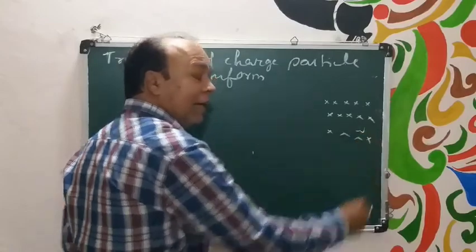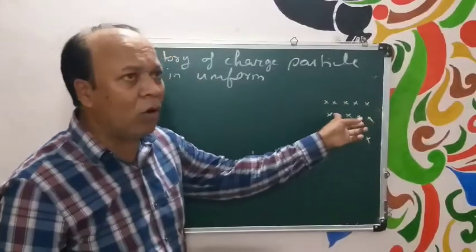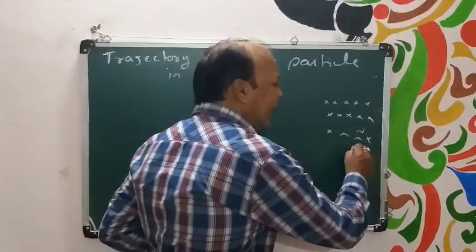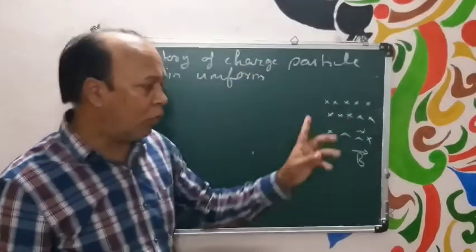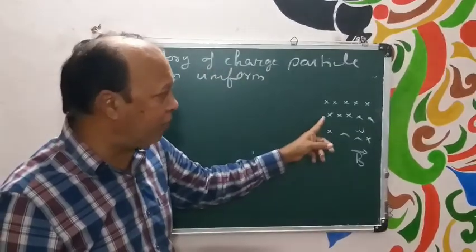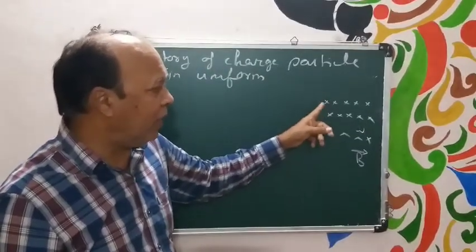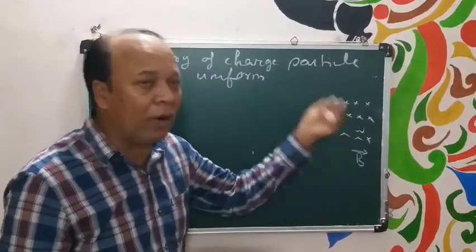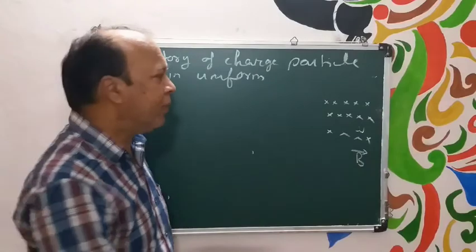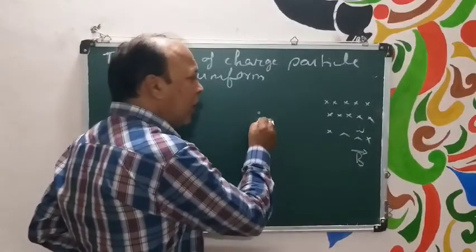I have taken one external magnetic field that is directed normal to the plane of paper, whose strength is B. Q is any positive charge.